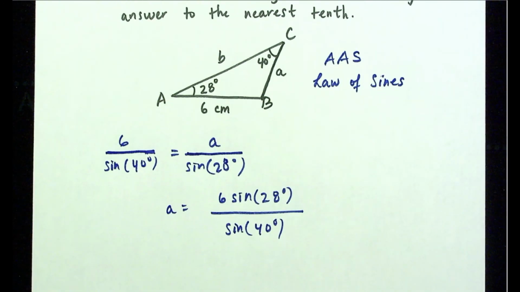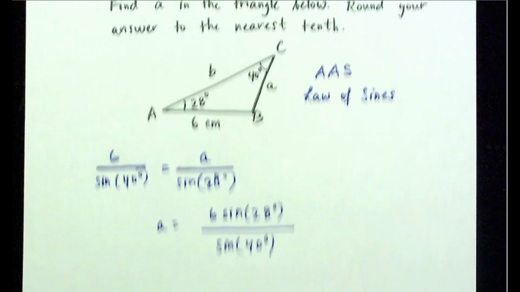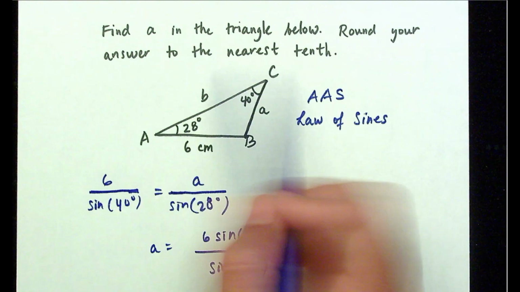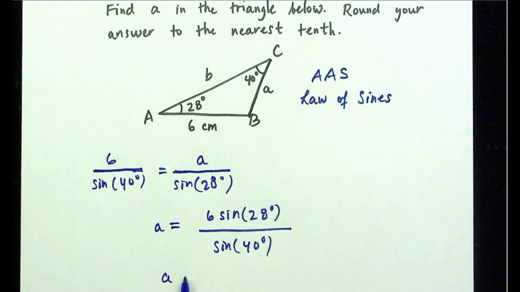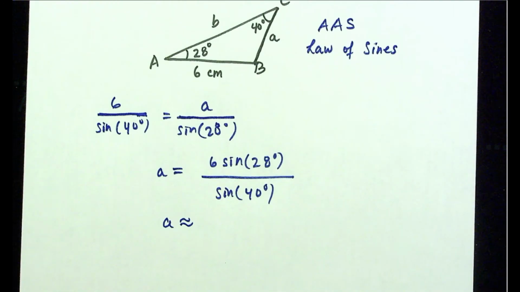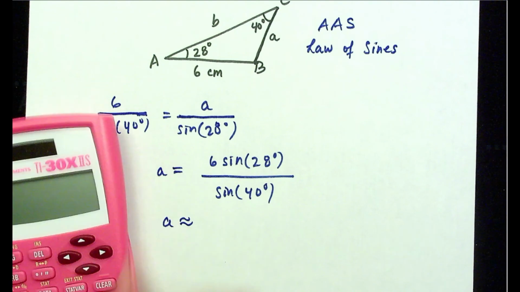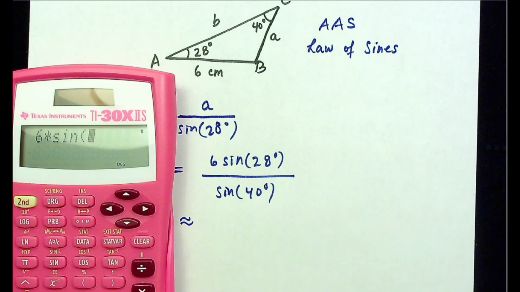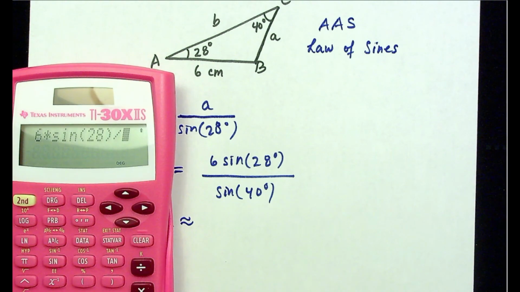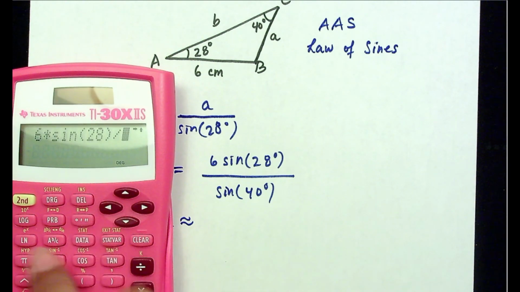And that would be the exact answer, but we want a rounded answer. We want to round the answer to the nearest tenth. So let's put this in the calculator and get an approximate value. Okay, so this is going to be 6 times sine of 28 divided by sine of 40.